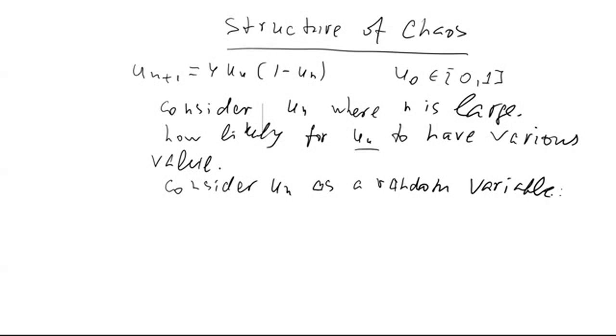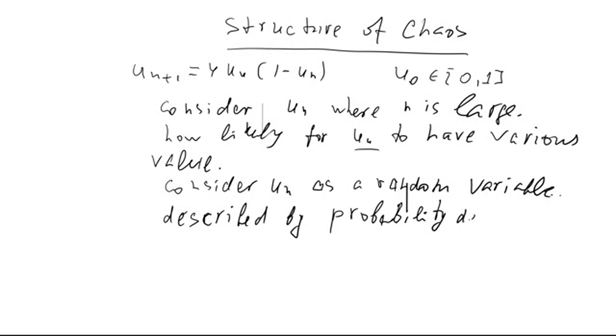And a continuous random variable should be described by a probability density function, so we can call it P of U. Let me remind you of the definition, it's from Math 162.